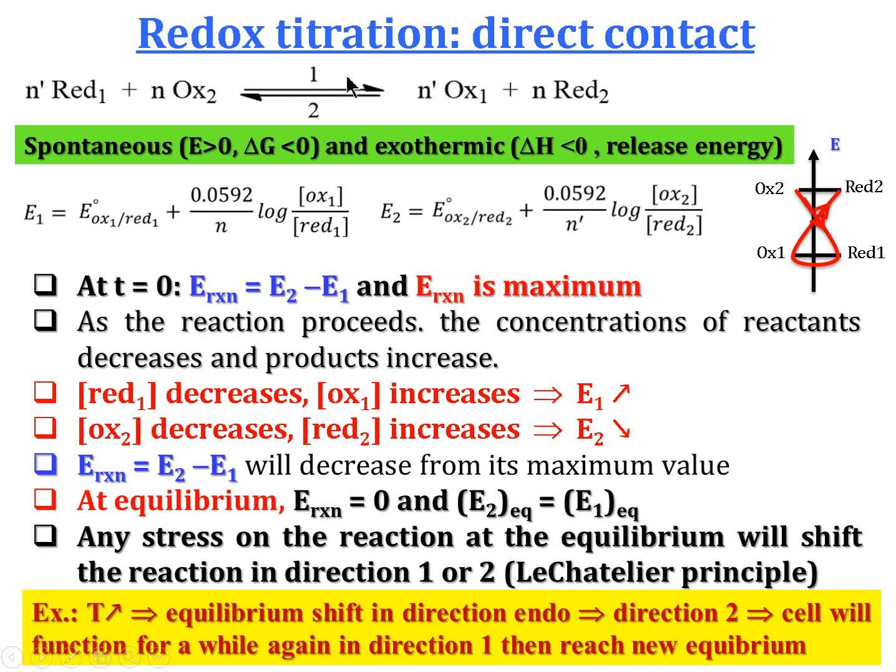Since our reaction is exothermic in direction 1, it's endothermic in direction 2. When the temperature increases, we know that the equilibrium will shift in the endothermic direction, so the equilibrium will shift in direction 2. Therefore, the cell will function for a while in direction 1 to reach another new equilibrium.